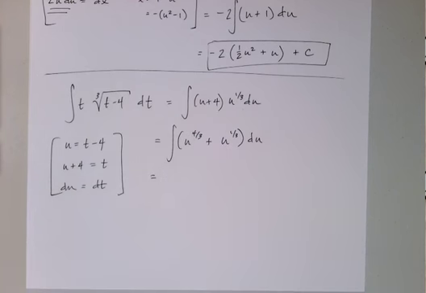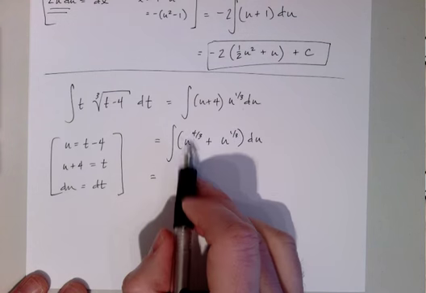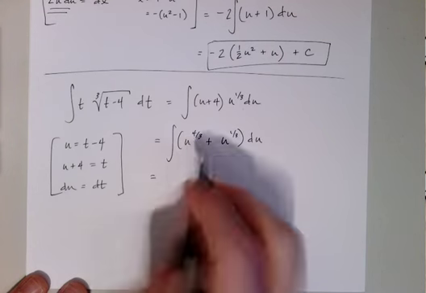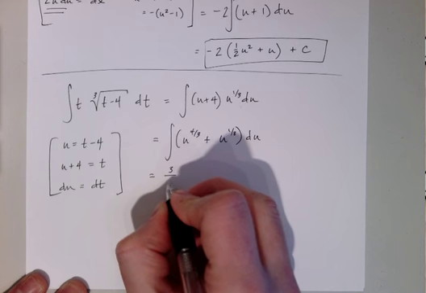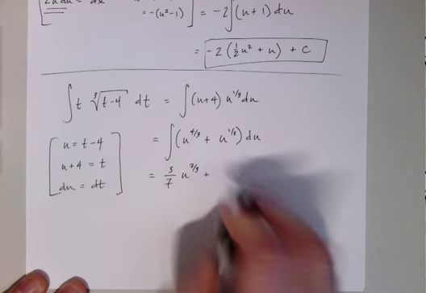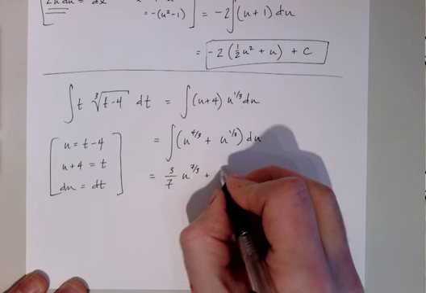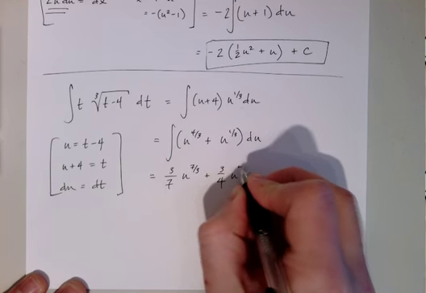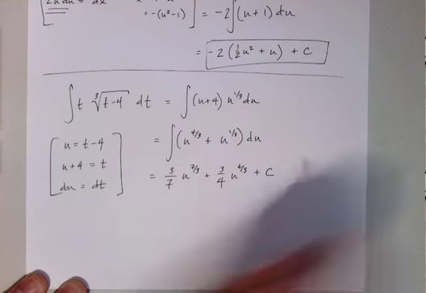And of course I put this one in just because we've been dealing with square roots the entire time. I just wanted to reinforce the fact that you can really do it with any fractional exponent. And of course, when I add 1 to this, it's going to be 7/3. So the coefficient is going to be 3/7 u to the 7/3. That's going to be 4/3. So it's going to be 3/4 u to the 4/3 plus c.